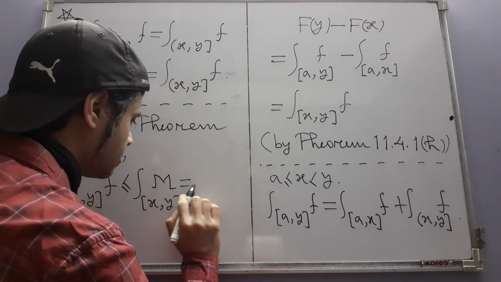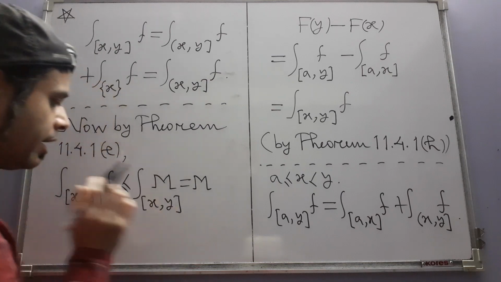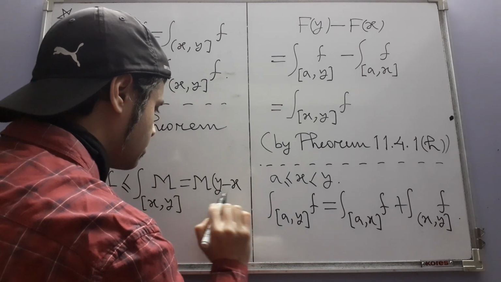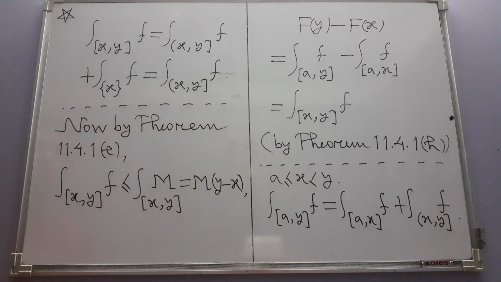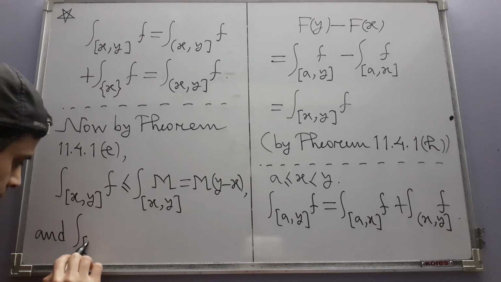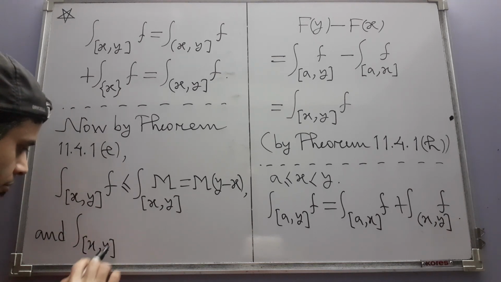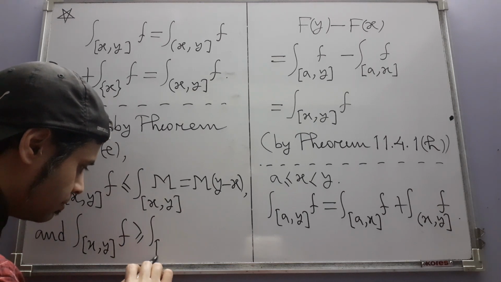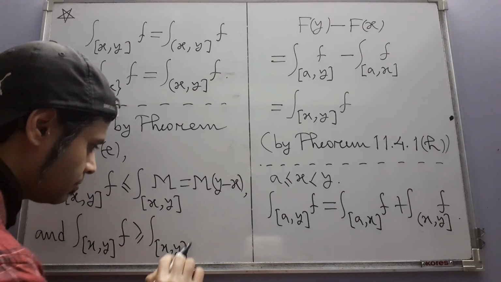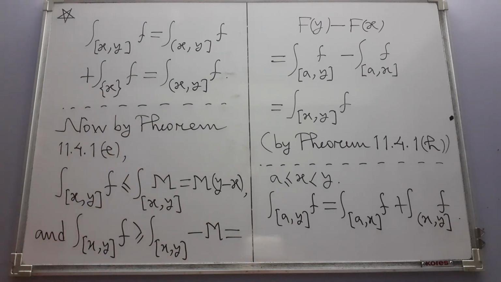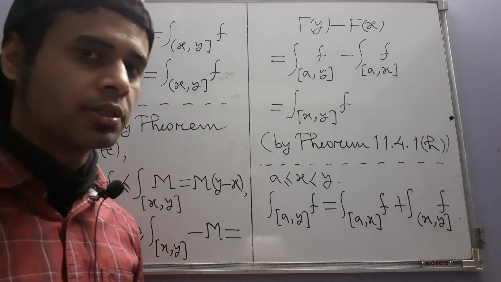This equals M times the length of this interval, that is y minus x, and similarly this is greater than or equal to the integral of minus M over that interval, which will be minus M times the length.